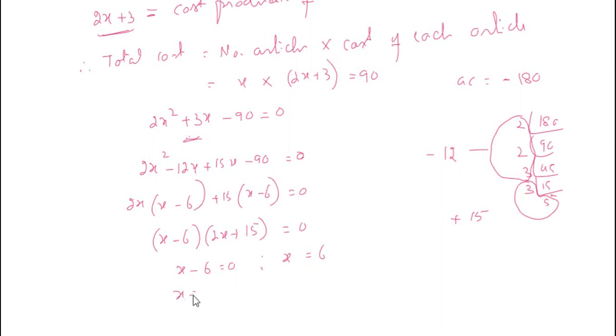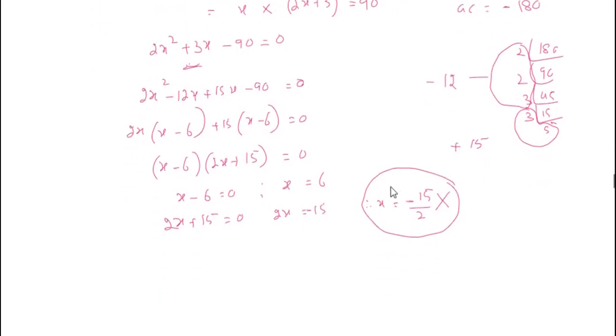2x plus 15 equal to 0, 2x equal to minus 15, therefore x equal to minus 15 divided by 2, and this we cannot consider because x is the number of articles, it cannot be negative. So x equal to 6 is the answer, that is the number of articles.